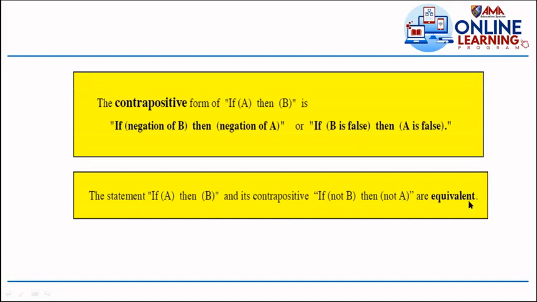So, ano pong ibig sabihin nun? This is your original statement, the if-then statement: if statement A, then statement B. Doon sa contrapositive naman, ang gagawin po natin, negation. Paano yung procedure po natin kanina? Pag nag-negate, magdadagdag po tayo ng word na not, di ba?